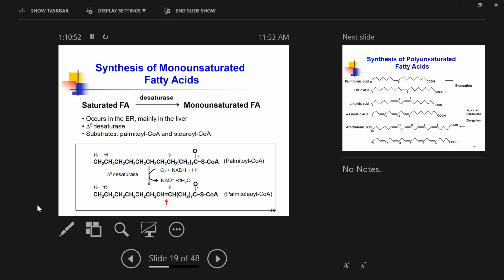Delta 9 desaturase means that the enzyme catalyzes formation of a double bond at the delta 9 carbon position, right? The desaturation usually occurs in the ER and particularly in the liver, and requires the delta 9 desaturase, and the substrate is palmitate.